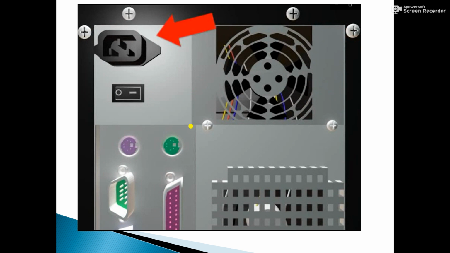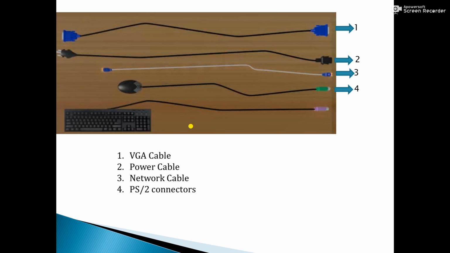Power supply unit, also called PSU, supplies power to the computer. These cables are used to connect the devices to the CPU. First cable is used to connect the monitor to the CPU. It is called a VGA cable. Second cable is a power cable, which is used to provide the power supply to the devices like monitor and CPU.